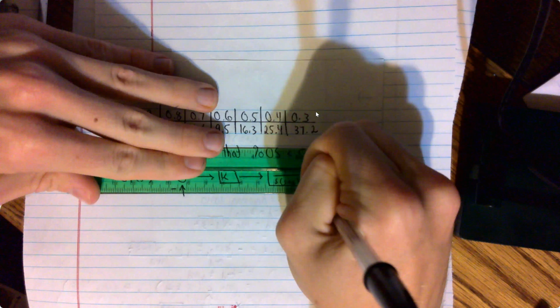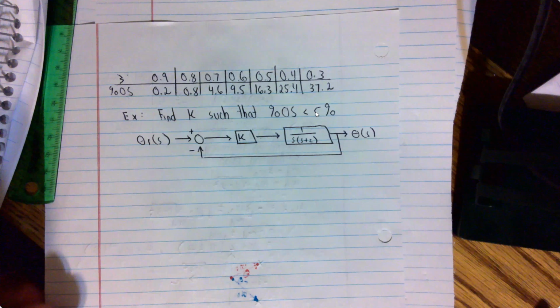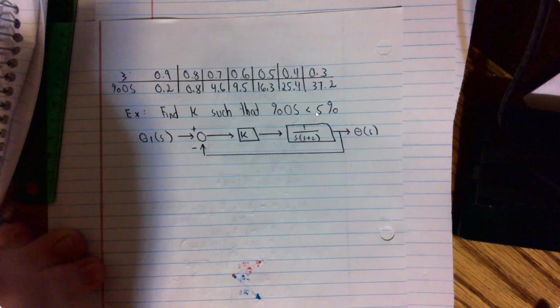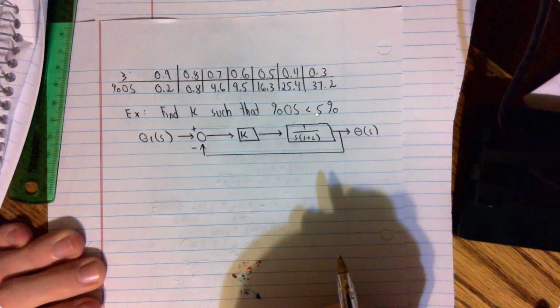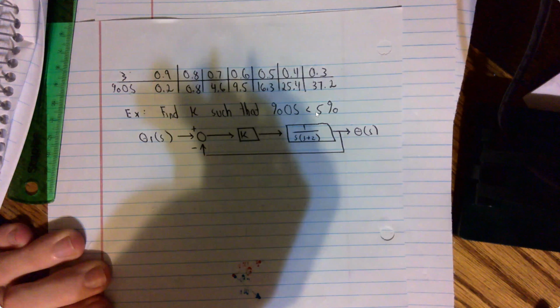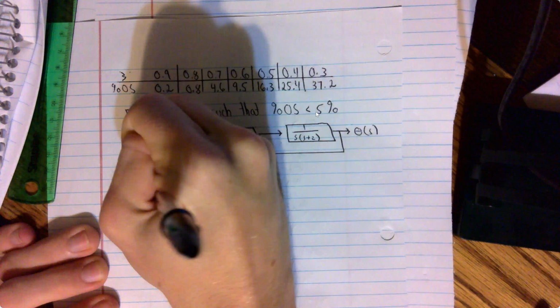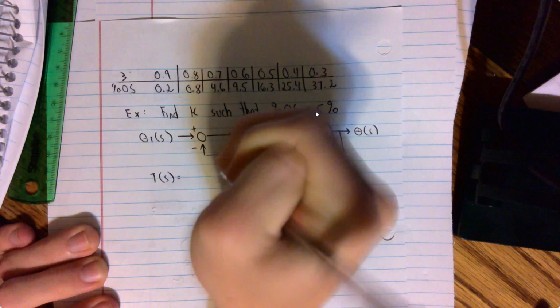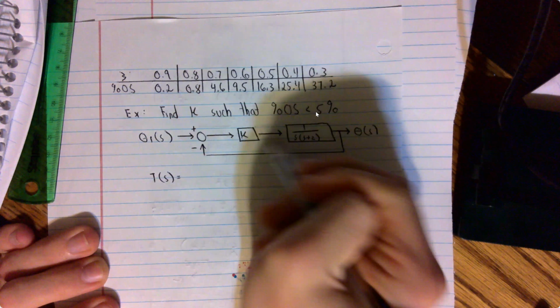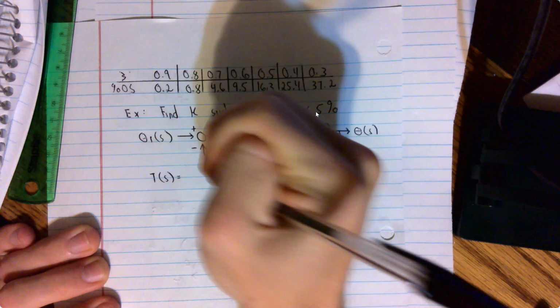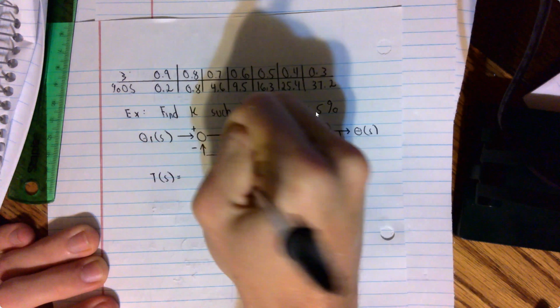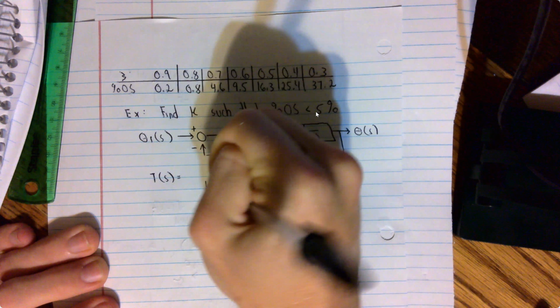Okay, so here if we need to find K such that the percentage overshoot is less than 5%, first we need to calculate our system. So our T of S is going to equal the forward path, which is K all over S times S plus 2, all over 1 plus K all over S times S plus 2.